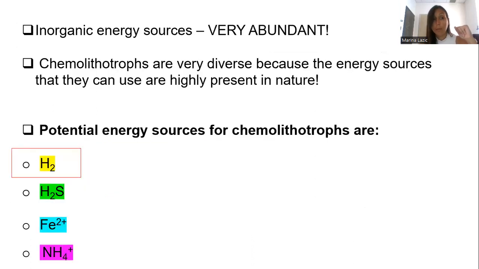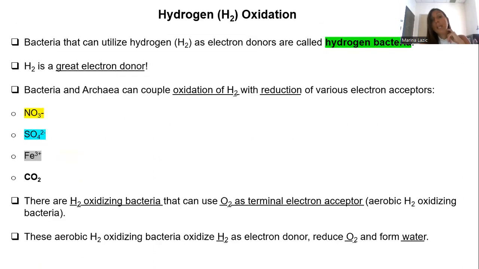Inorganic sources are very abundant in nature, so the reason for the huge diversity of chemolithotrophs is that their energy sources are highly abundant. We will start with hydrogen as the first energy source, and end with ammonium as the last, and then we'll talk about fermentations.